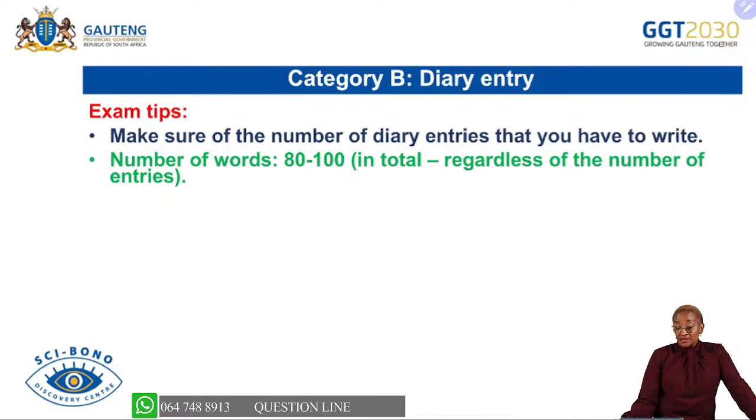Please note that that has to be in total, regardless of the number of entries that you will be required to answer. If it's 1 entry, we're still expecting 80 to 100 words. If it's 2 entries, the number of words still ranges from 80 to 100.